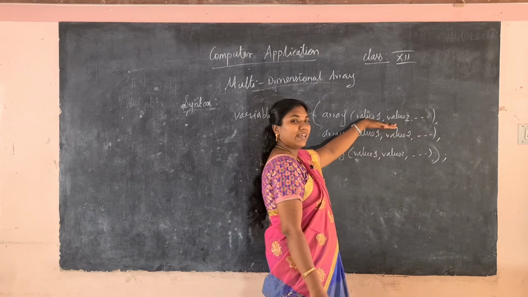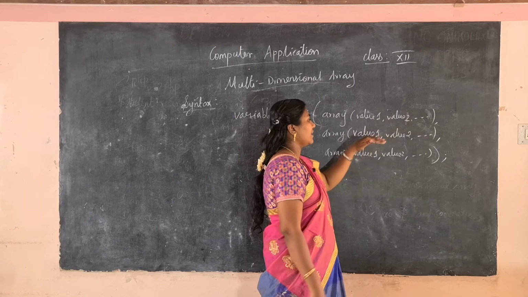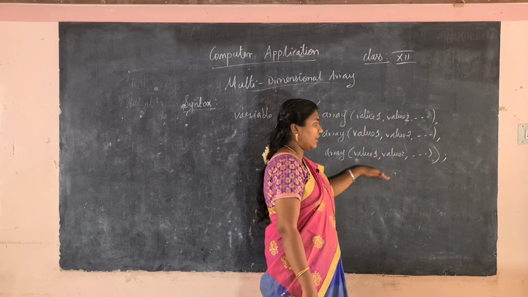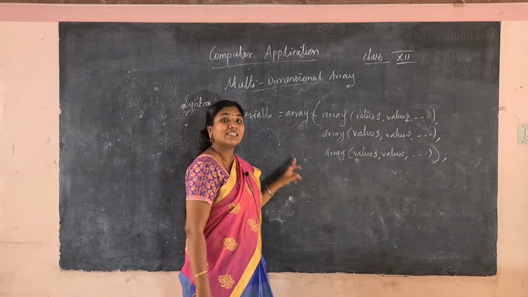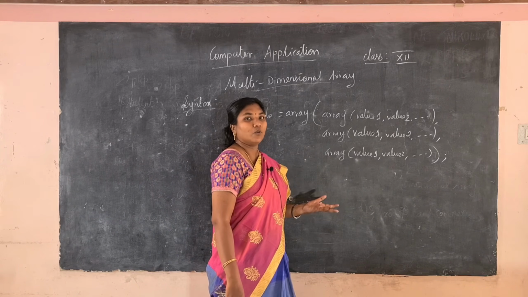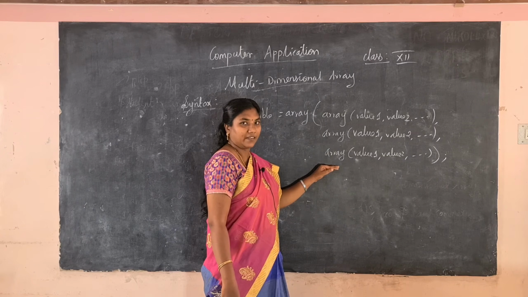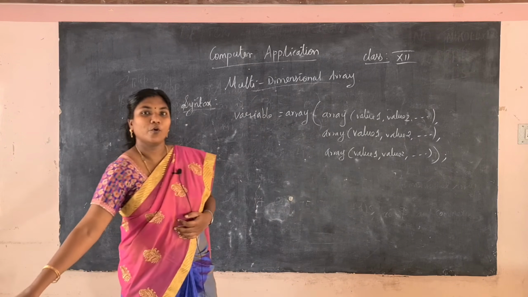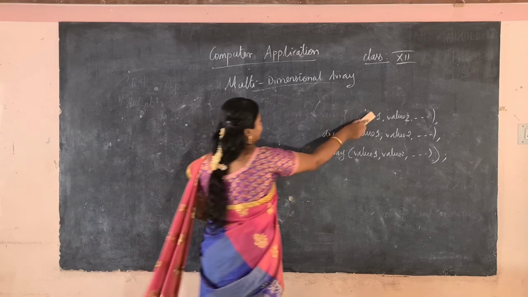This is the basic simple index array format. Here you can give as many values as you like. As it has 3 arrays within the array, it is a 3-dimensional array. As I said earlier, if you go beyond 3 dimensional, it gets complicated. Okay. So now let us see an example program for a 2-dimensional array.